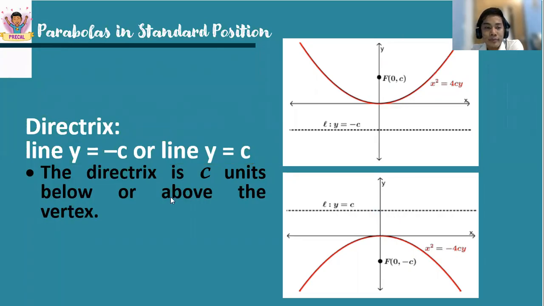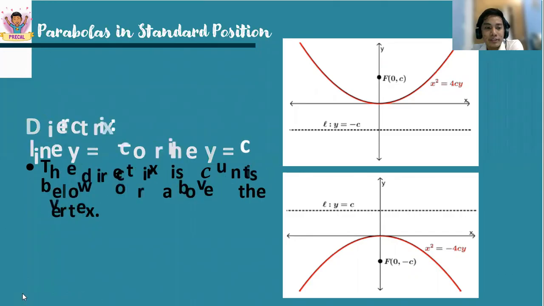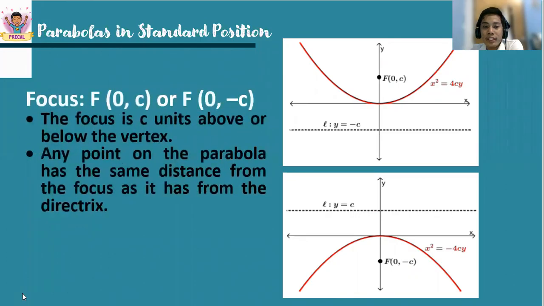Question. Next, we have the focus. The focus is again c units above or below the vertex. So the same with the distances. The directrix has the same distance from the vertex as the focus.